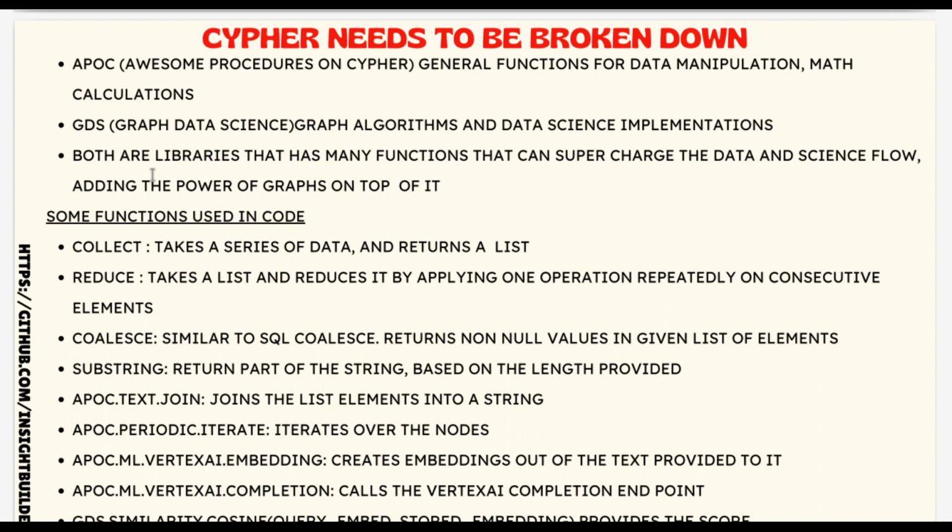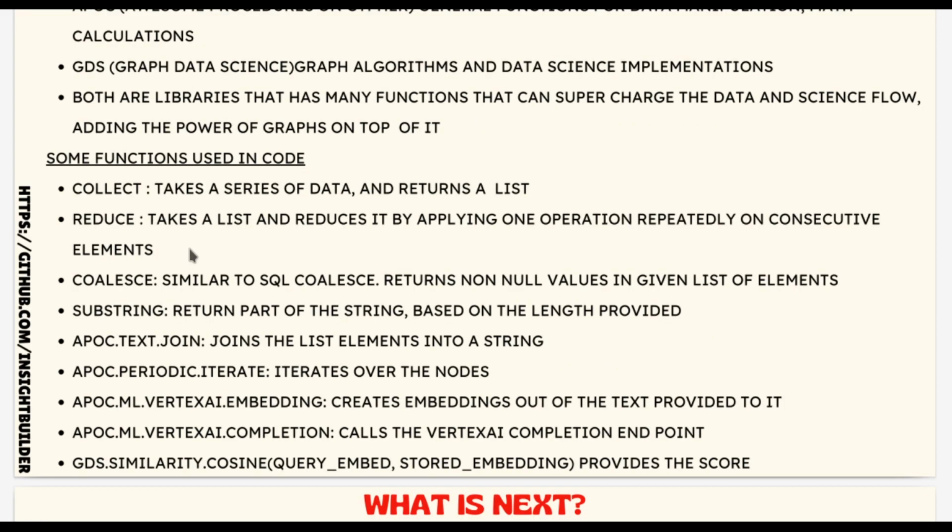They have lots of functions and lots of things they can do. In fact, the GDS graph data science module has graph algorithms that you can use for working with the various nodes that I already showed you. So it is not a simple application. It has lots of potential, and I would like you guys to explore it. I'm just introducing what is possible, trying as best as possible in the limited time that is available.